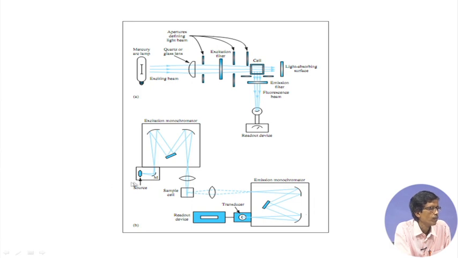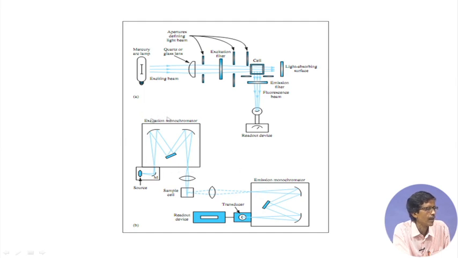So, you have the source, and the light impinges on the sample through this lens or the mirror, and what we measure is at a right angle to that. So, at the right angle we have the emission.